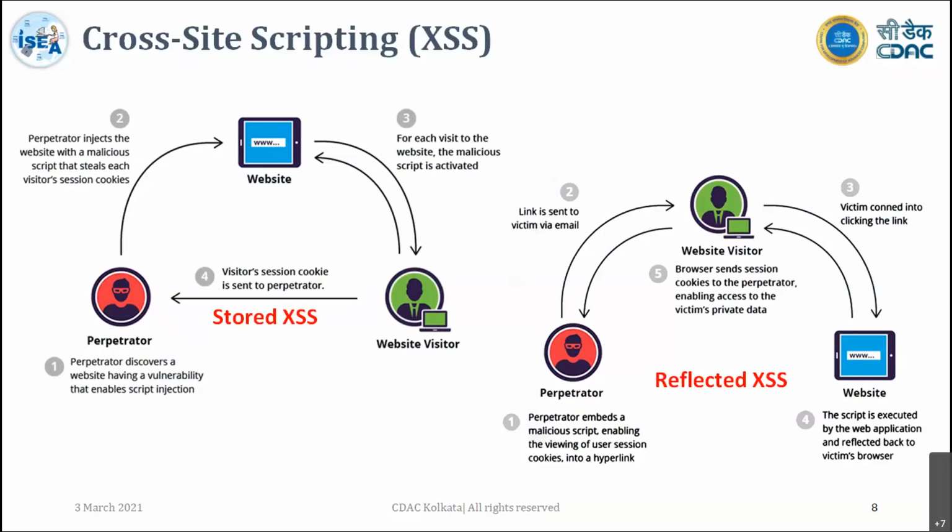Now, stored cross-site scripting generally occurs when the user input is stored on a target server, such as a database, in a message forum, visitor log, comment, etc. And then a victim is able to retrieve the stored data from the web application without the data being made safe to render in the browser.